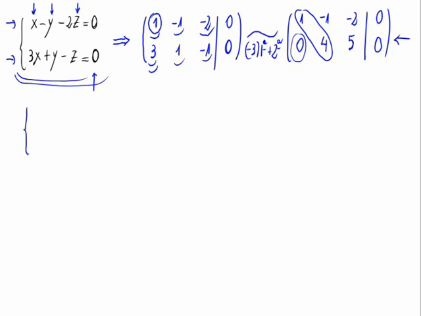This is x minus y minus 2z equal 0. And the second equation would be 4y plus 5z equal 0.